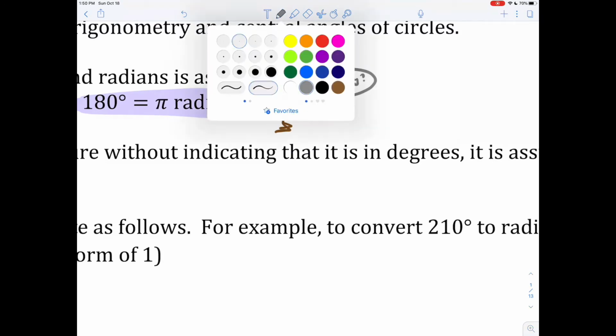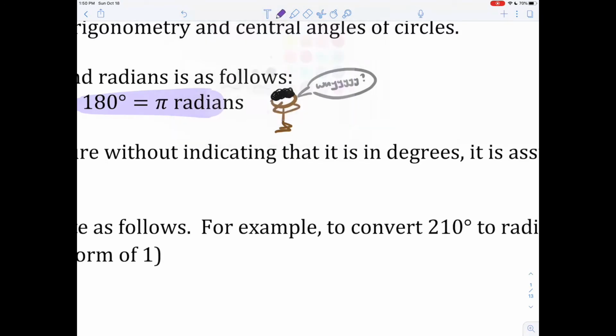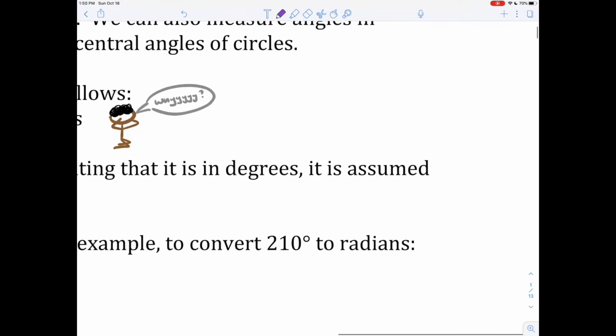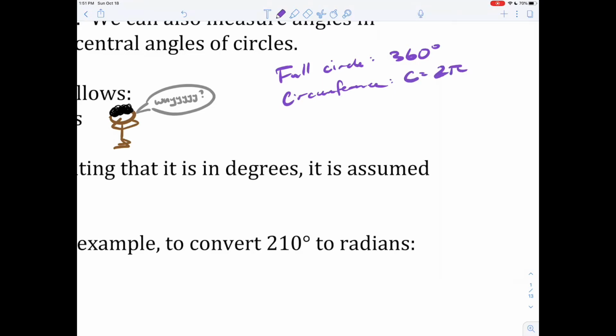If we want to look at that, here's how it goes. A full circle is 360 degrees. And the circumference of that whole circle is 2 pi times the radius.